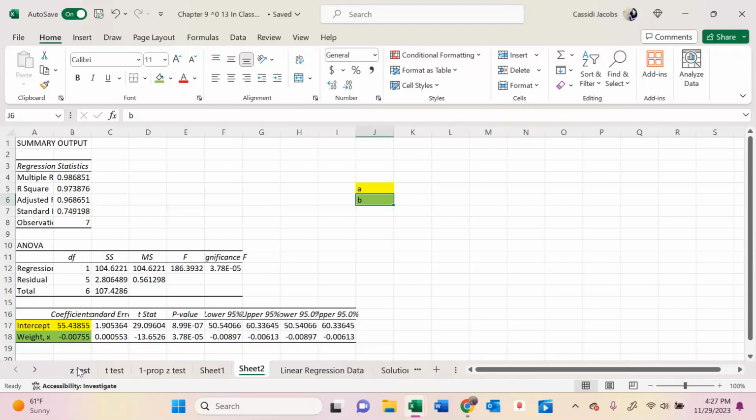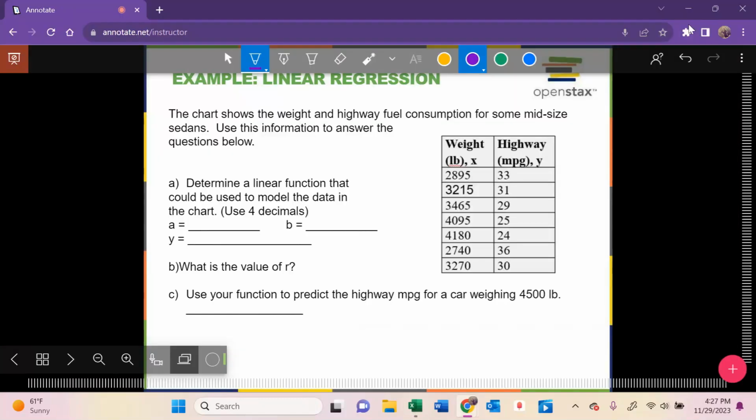So we can put in our A and B, and we're going to round to 4 decimal places. So 55.4386 and negative 0.0076 are the values we're using there. So again, that A value is 55.43856.